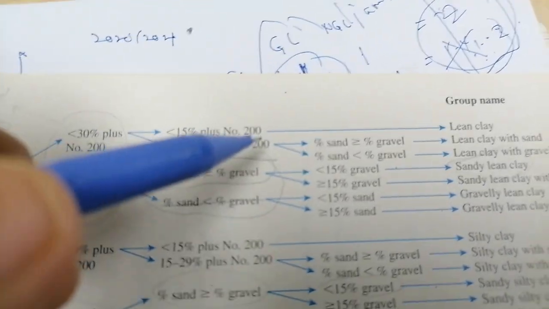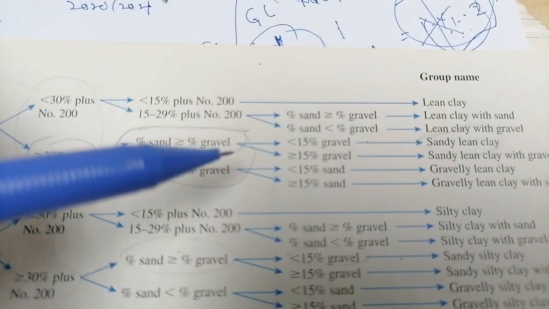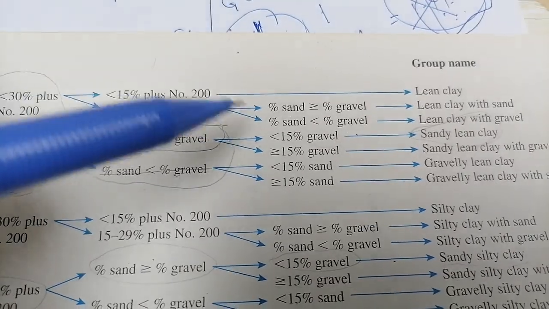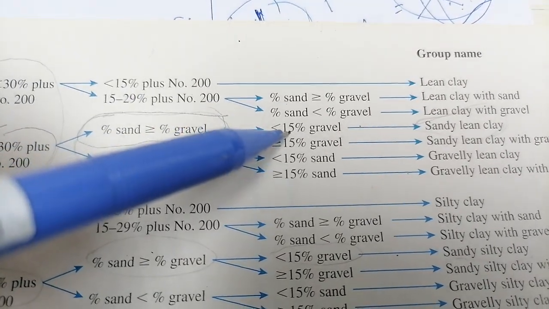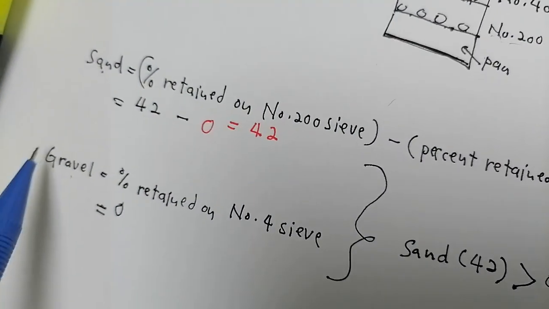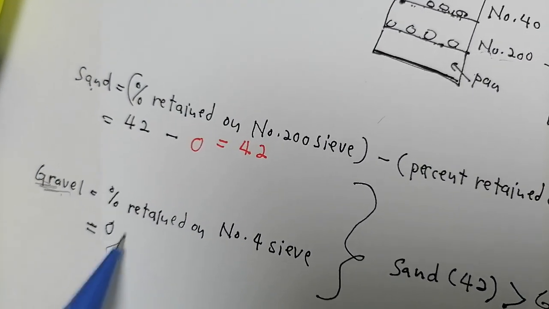And then the next one, okay, we're gonna reach the end. Okay, the next one, our gravel, is it smaller than 15% or is it bigger than 15%? Okay, let's look back at our gravel. So gravel kita tadi berapa?